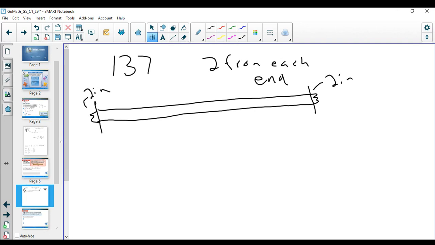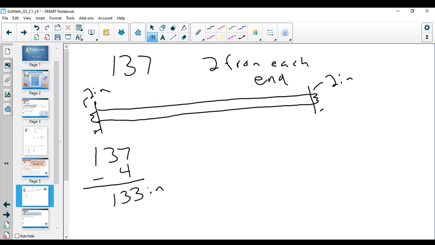So we don't just cut off 2 inches, but we cut off 2 inches 2 times. So that is 4 inches. So we have 137 inches and we're going to subtract from that 4 inches, 2 for this end and 2 for the other. So 137 minus 4 leaves us with 133 inches of wood for our shelves.